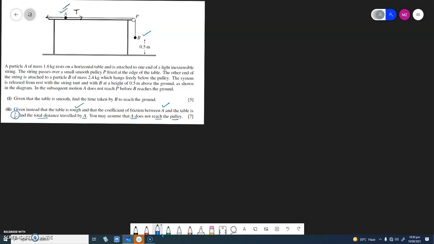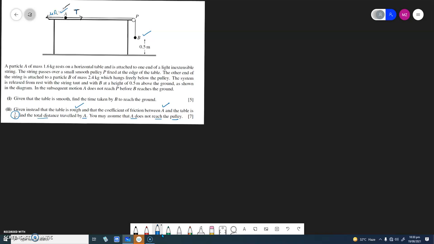So first of all, we need to take into account the various forces acting on the particle A. The first force is, of course, the force of tension in the string, and the other force is the force of friction, and the force of friction is mu R.